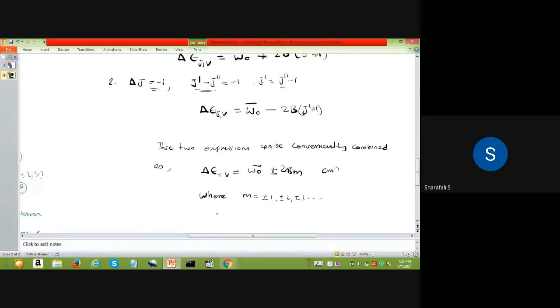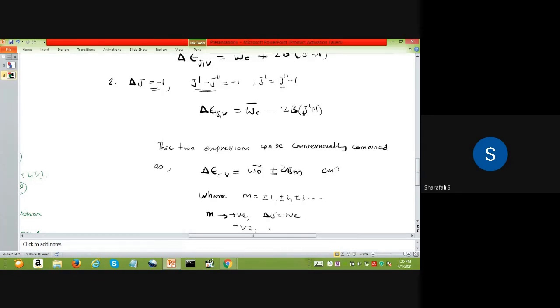And m is positive means, if you are taking m value as positive, then that means delta j is positive. And if you are taking m as negative, then delta j is negative.